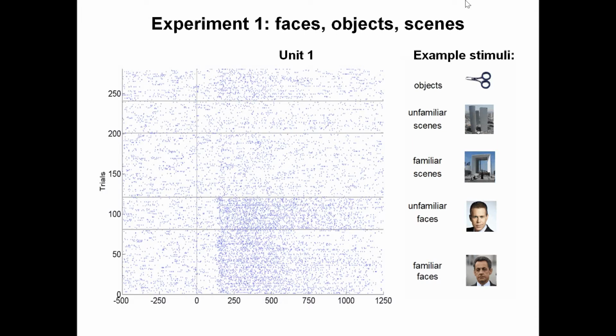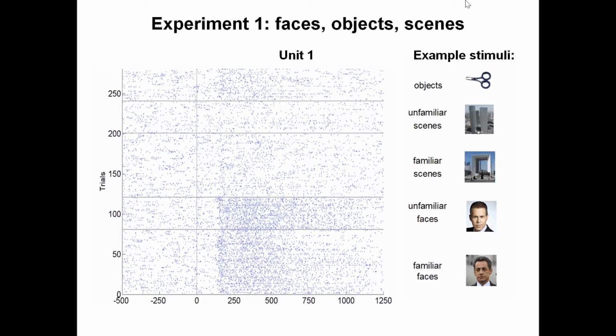And here are the results. This is called a raster plot. The x-axis is the time, the y-axis is the trials, separated by condition, and each small dot is a spike of the neuron. What you can see here is that for the two conditions of faces, there were bursts of activity starting at about 150 milliseconds.